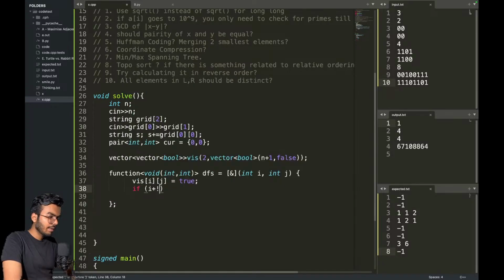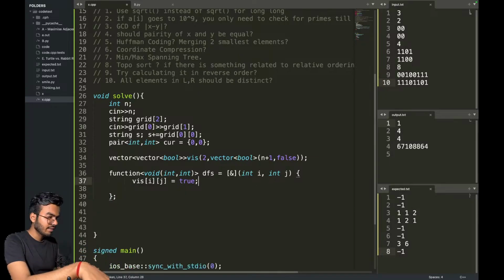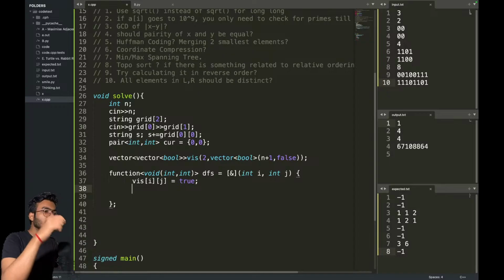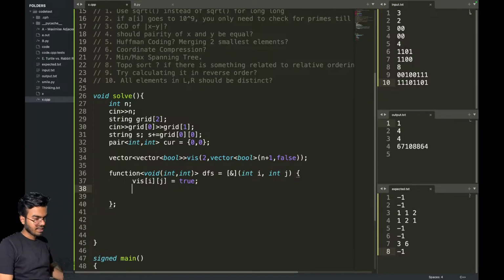If I can go i plus 1, so if i plus 1 is less than 2, and j plus 1, I mean I can go rightwards, which is I keep the same i. No, I need to compare both the children. Once I am down, I can only go right. So once I am down, I can only go rightward.